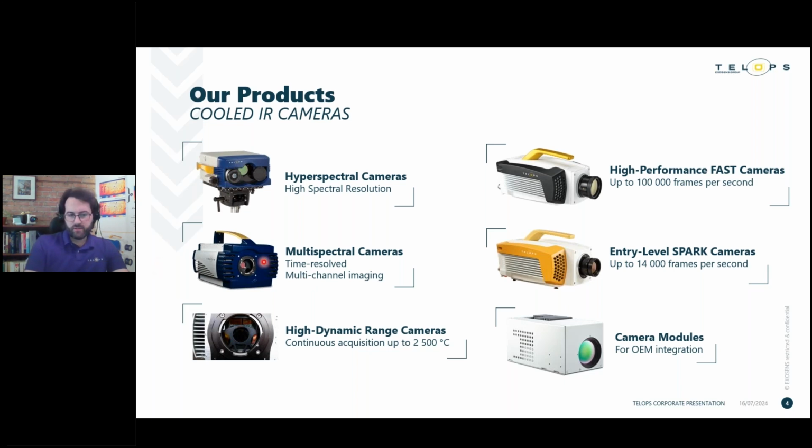The multispectral camera is sort of an in-between of hyperspectral and just broadband cameras, with multiple filters that are spinning to do an acquisition with different spectral windows simultaneously. We have the Spark cameras, which are like the broadband cameras, but more entry level, that don't go as fast but still offer great radiometric accuracy. And we have high dynamic range cameras, especially a new one that I'll talk about a little bit. And of course, modules that can be used for easier integration in systems.